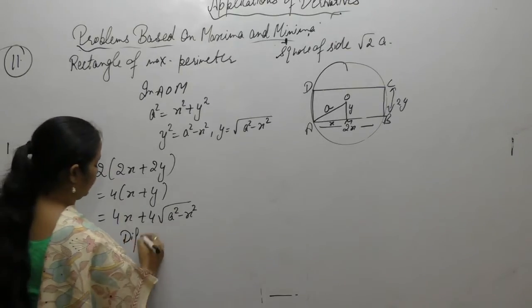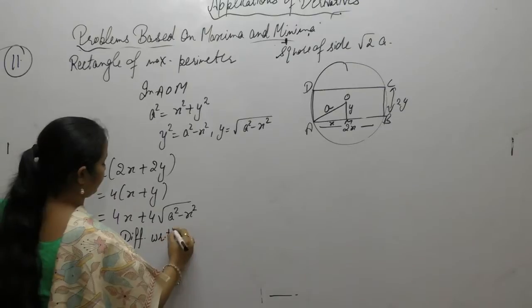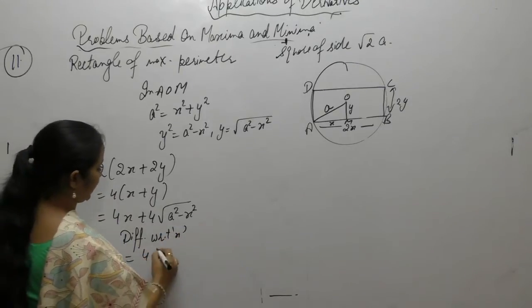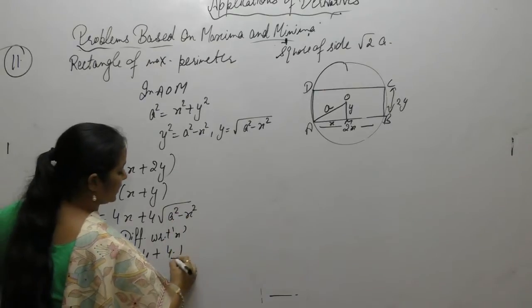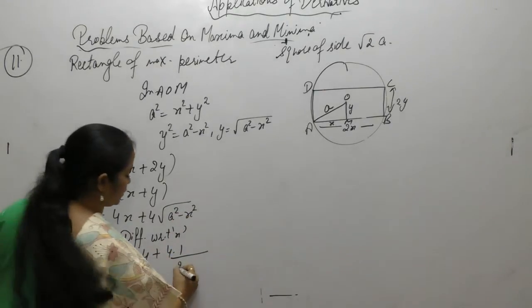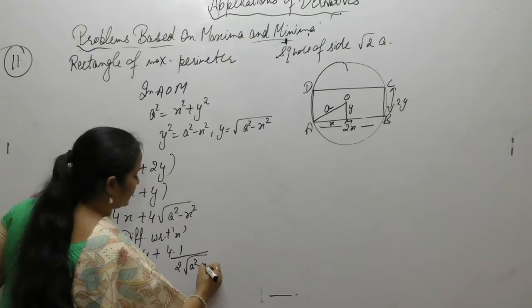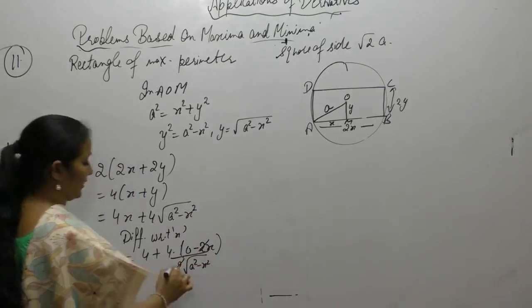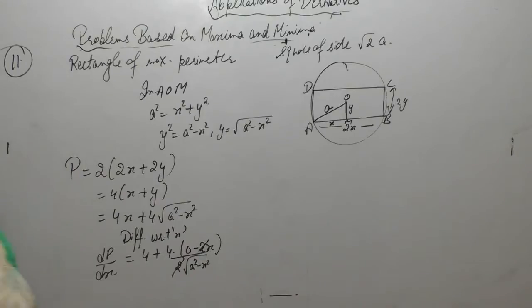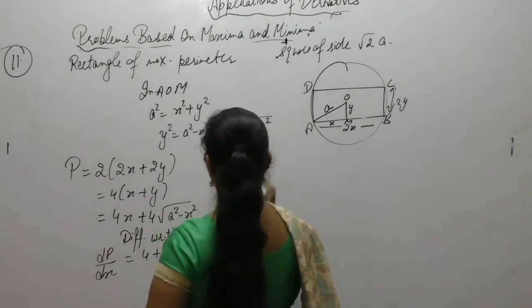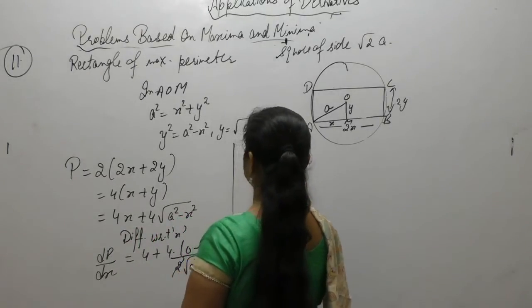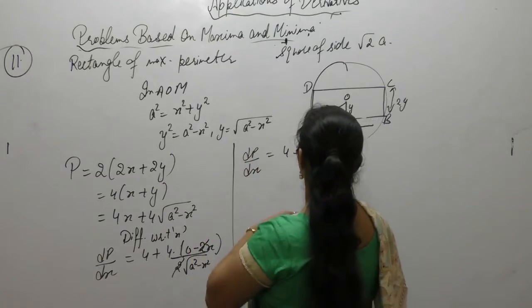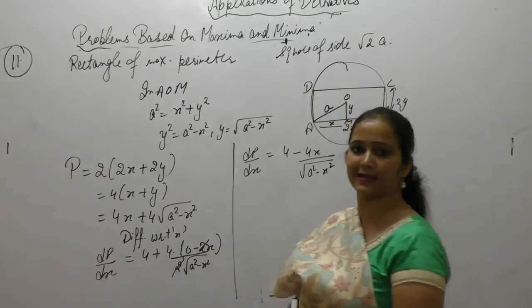Now differentiate with respect to x. Derivative of 4x, derivative of root x is 1 upon 2 root x, derivative of a square minus x square. So what we get? dP upon dx is 4 minus 4x upon root a square minus x square.